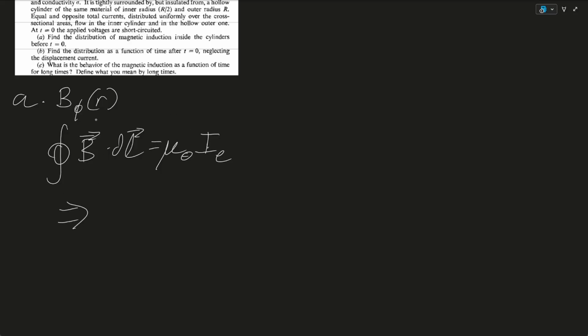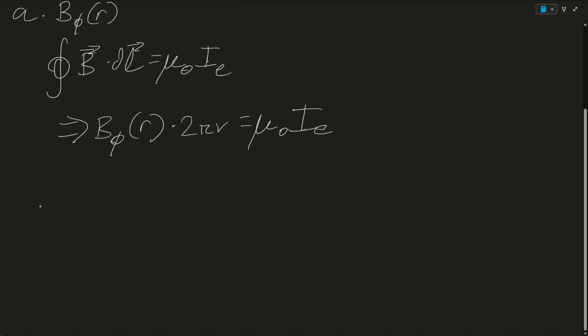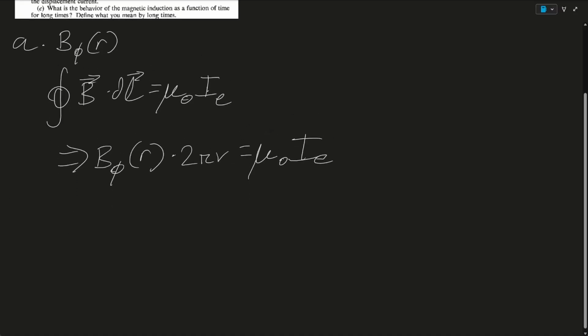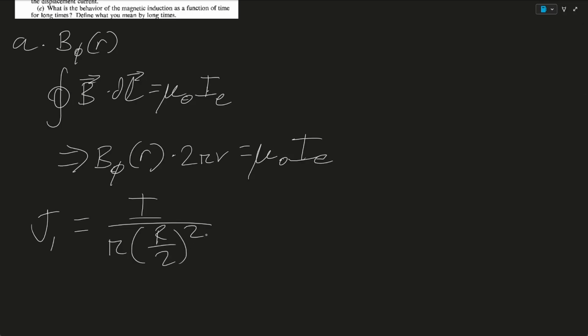Thus this is also times 2 pi R, so B phi of R times 2 pi R is further equal to mu naught I sub E. Now we know the total current is I, so we can say some uniform current density, which can be J1. That's equal to I over pi (R over 2) all squared, which is just 4I over pi R squared.